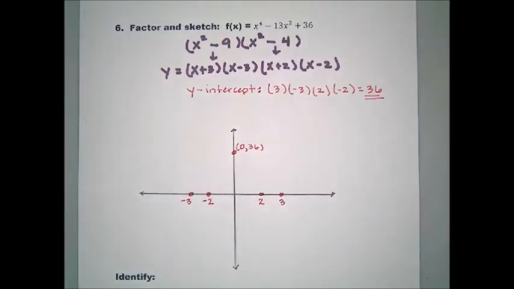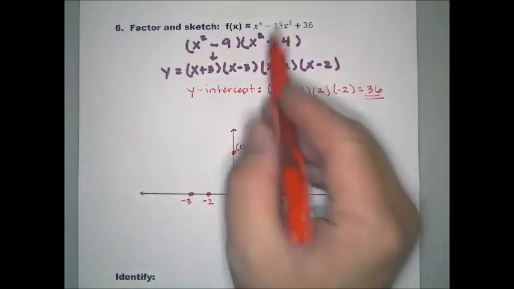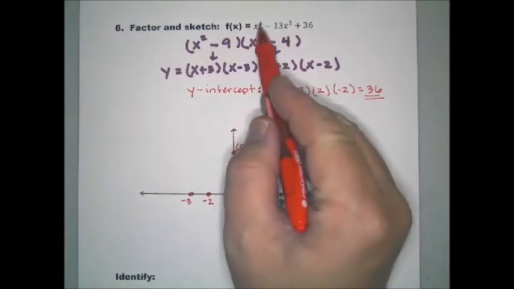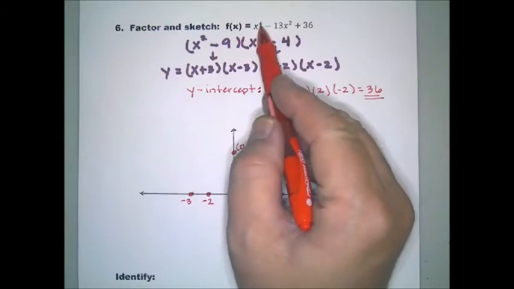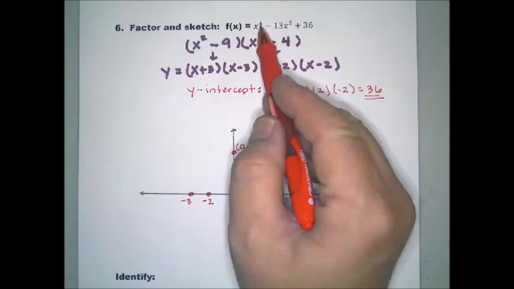Now, the last thing we have to analyze is the end behavior. And that all depends on the very first term, the term with the highest power, which is x to the fourth power. Now, the 4 means it's an even degree polynomial.